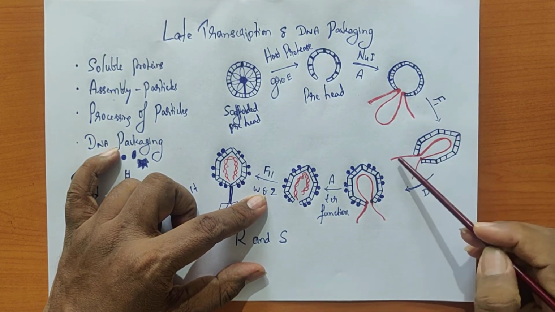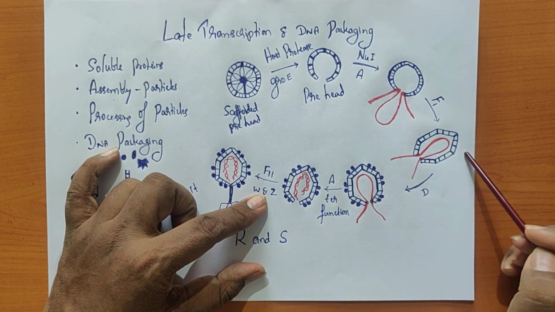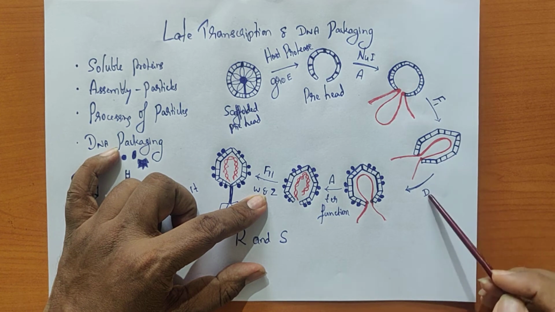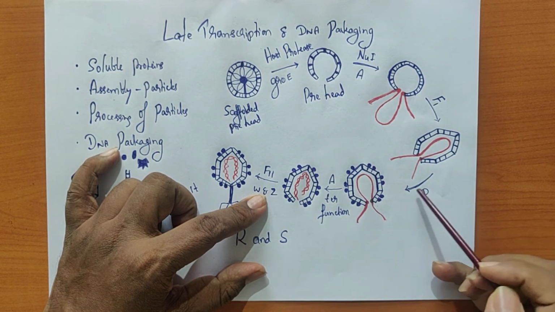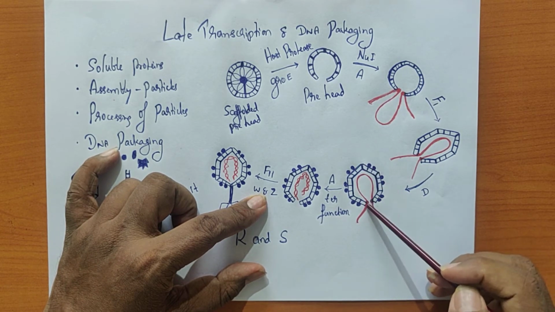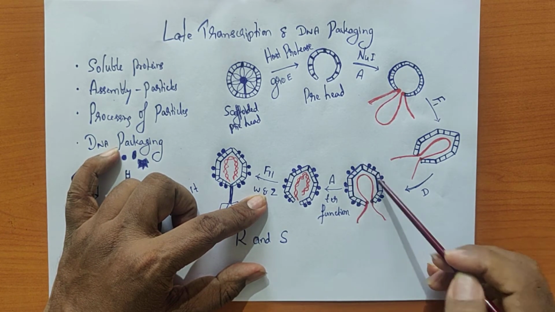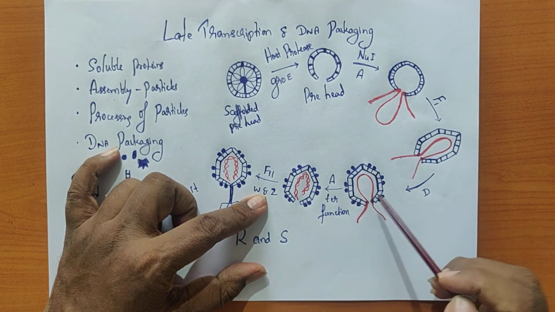Then with the help of F1, it is going to be packaged in. Then the size increases by 20% and attains a hexagonal shape. Then to this hexagonal shape, D proteins are going to be assembled on the surface. So now they are called a decorative protein, and this protein is very critical. So that will ensure the size and fixes the shape as a hexagonal.